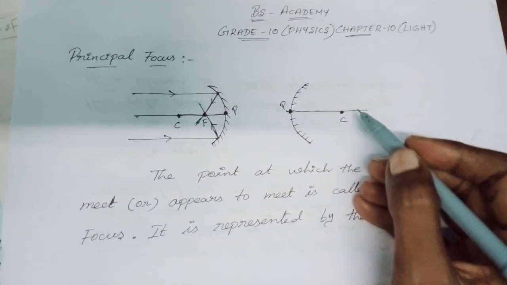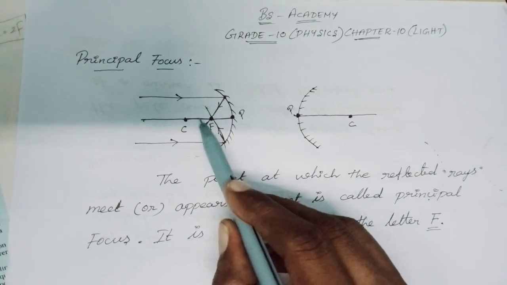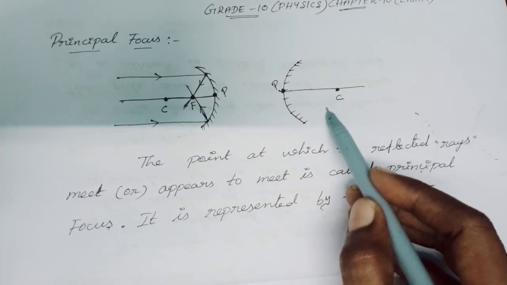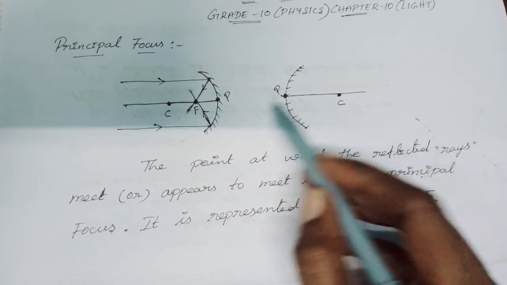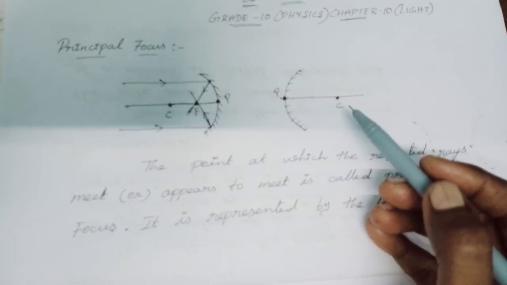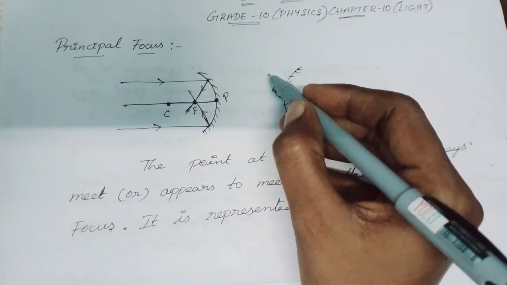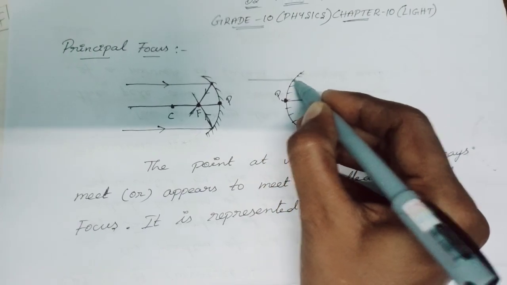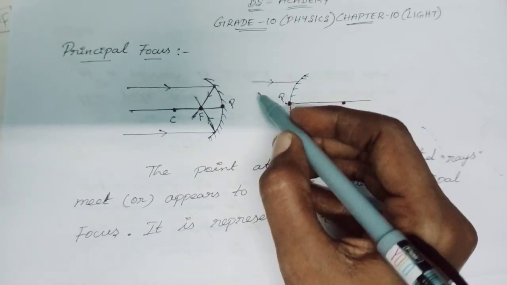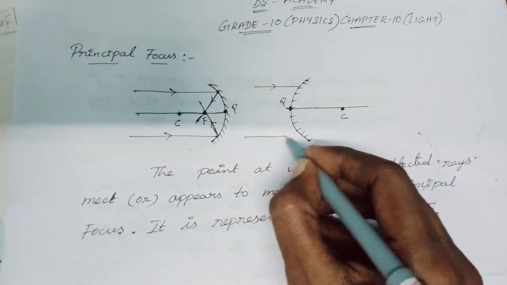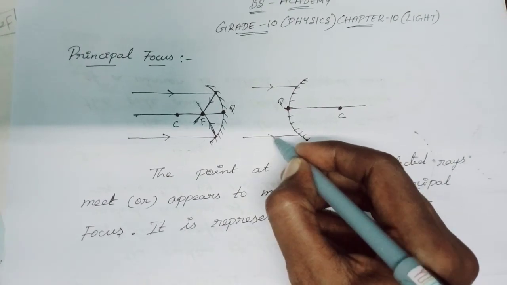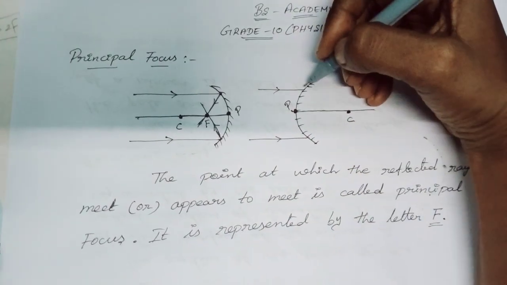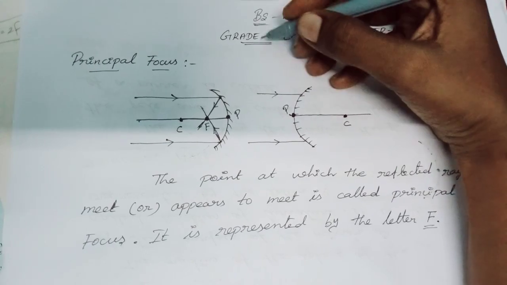Same as we discussed for the concave mirror, here you consider the parallel rays falling on the convex mirror like this. What will happen? The incident rays which fall on the convex mirror get reflected back.